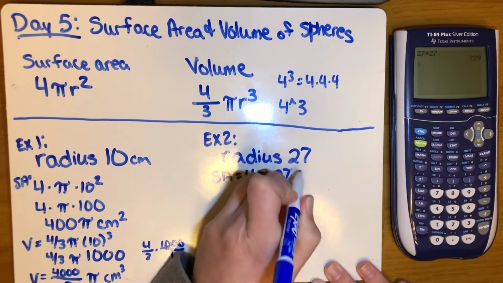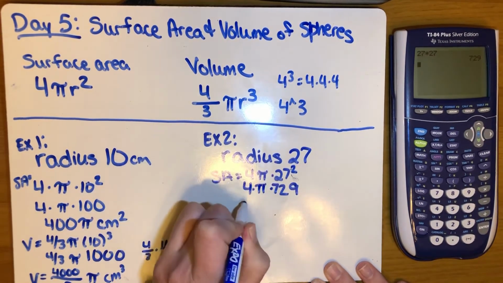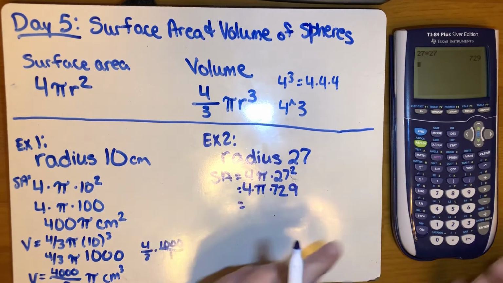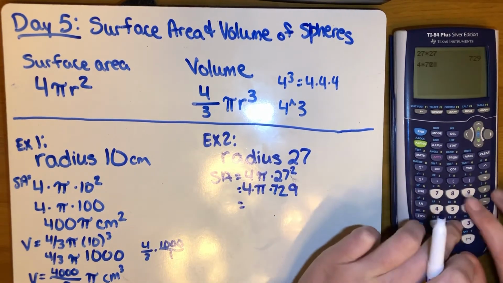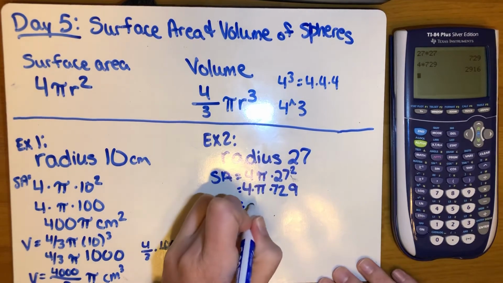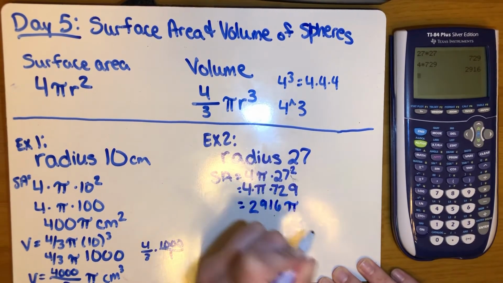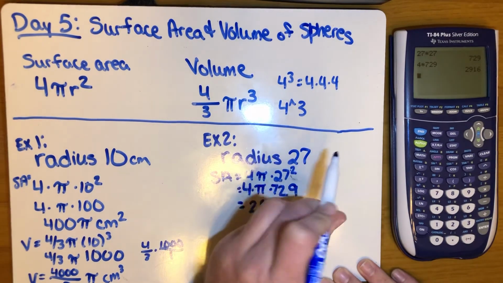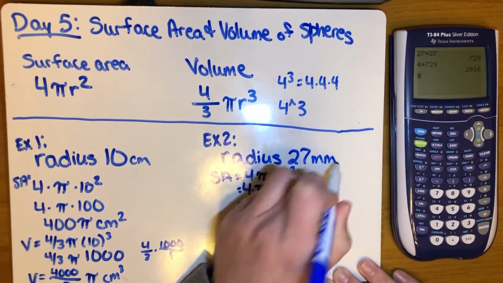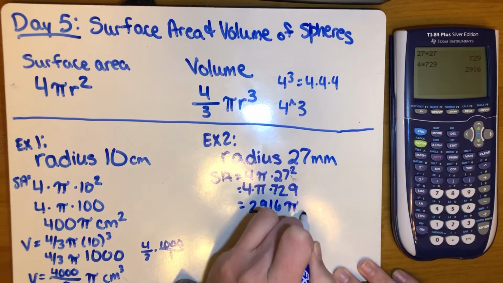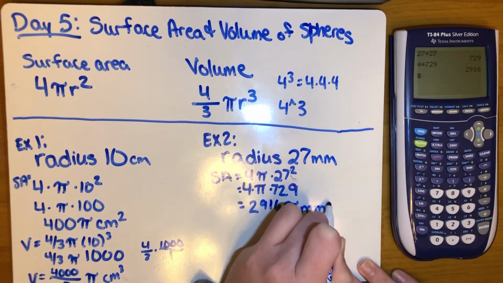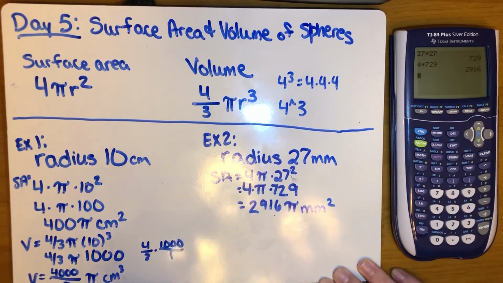And then last step, multiply 4 times 729, and we get 2,916 pi. The units for this one, let's make it millimeters. This one just came off the top of my head, so don't look for this answer anywhere on your worksheet. You won't find it. So the units would be millimeters squared.